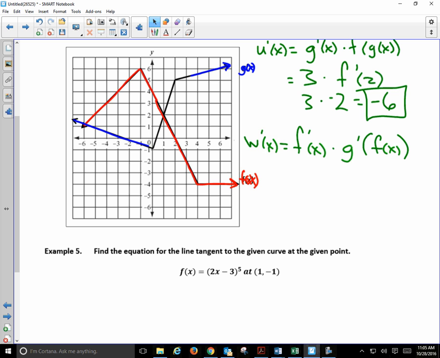What is the value I'm plugging in? -2. What is f prime of -2? What is the slope at -2 for f? Now, right now, I'm looking at g. I want to look at f. F is the red function. What's the slope at -2? 1.